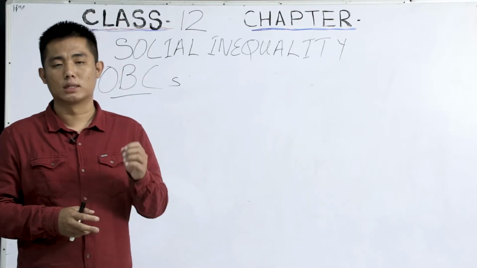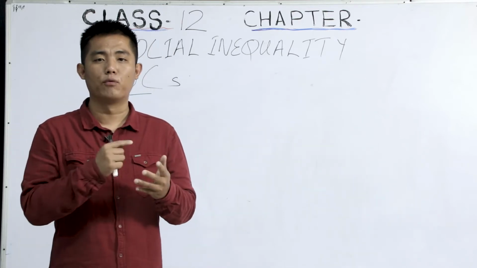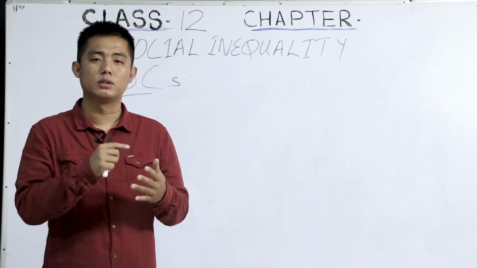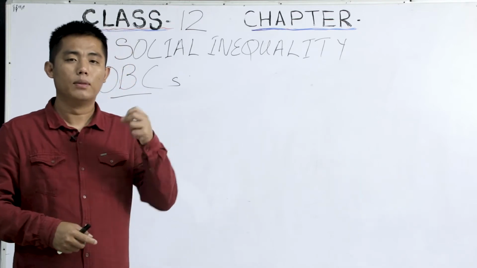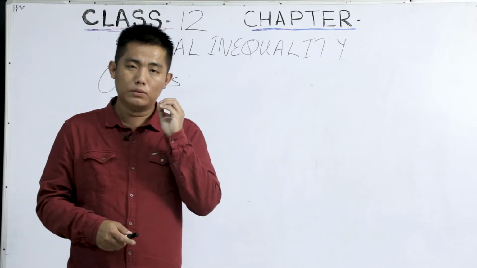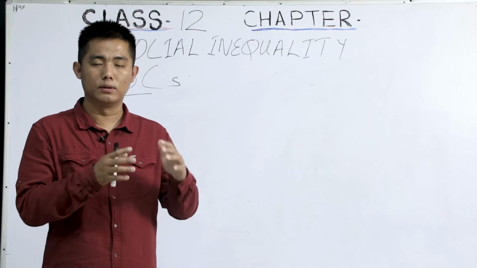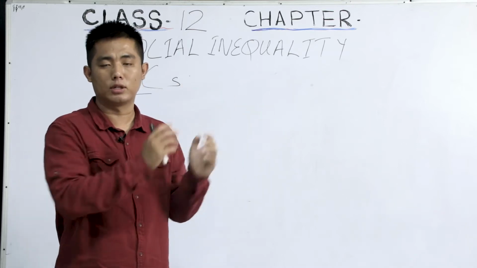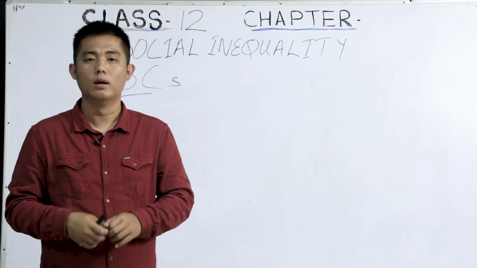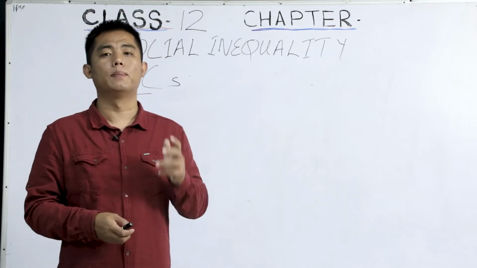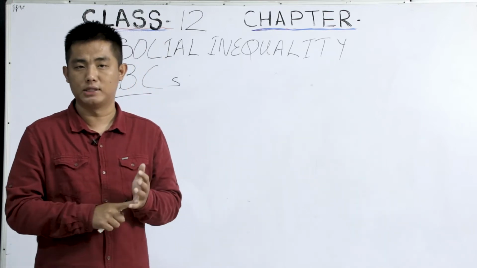When we talk about the caste system, we can see the fourfold division, which we have already discussed: the Brahmins, the Kshatriyas, the Vaishyas, and the Shudras. Now, there was some group of people in the middle. They were not the Brahmins or the Kshatriyas, nor the Shudras. The upper caste enjoyed all the privileges in society.